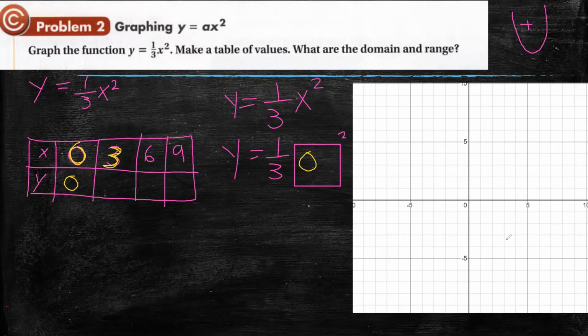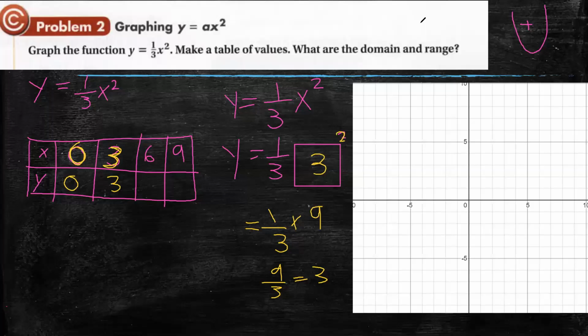Clear this 0 and put 3 instead of x. 3 squared is 9, times 1 over 3, which means 9 divided by 3. 9 divided by 3 is 3. So the point here is 3, 3.